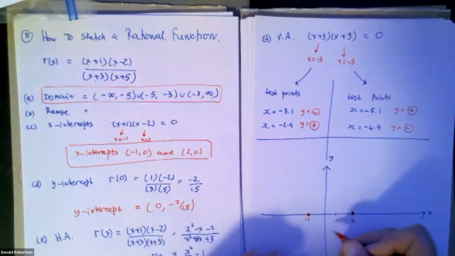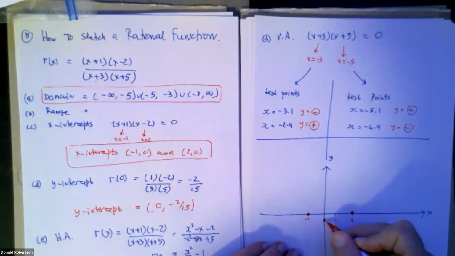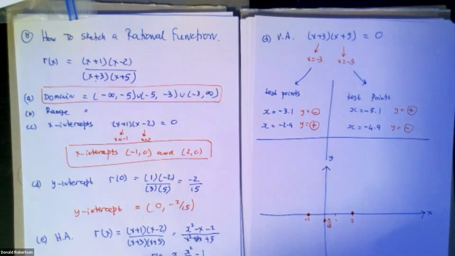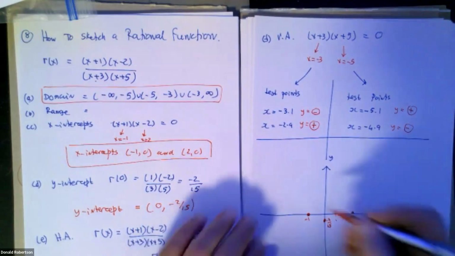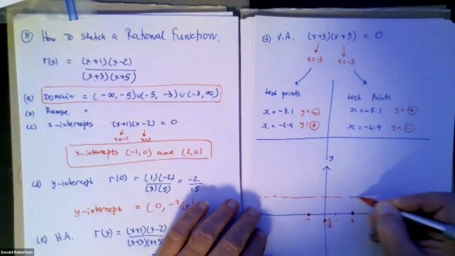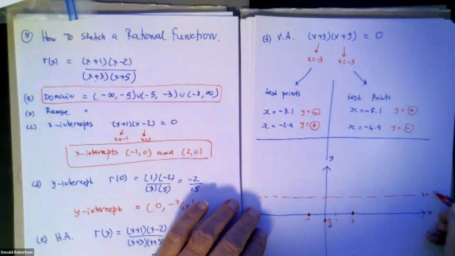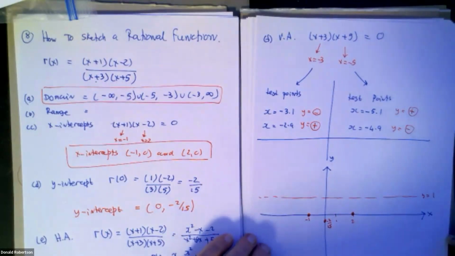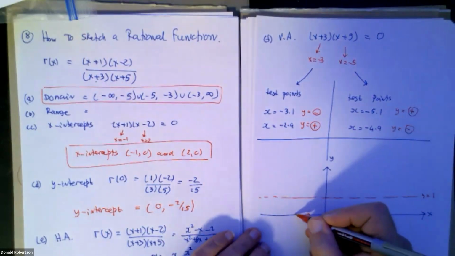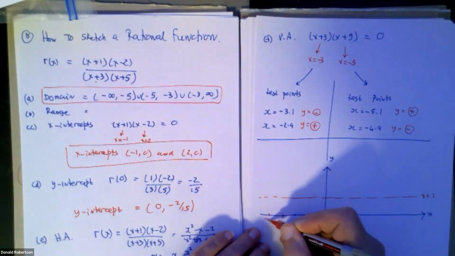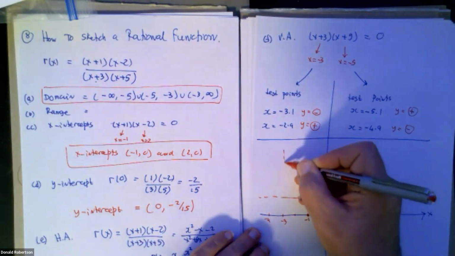It has a y-intercept at -2/15, so I'm going to put that there. It has a horizontal asymptote of y equals 1, so I'm going to draw a horizontal line y equals 1. It has a vertical asymptote here.